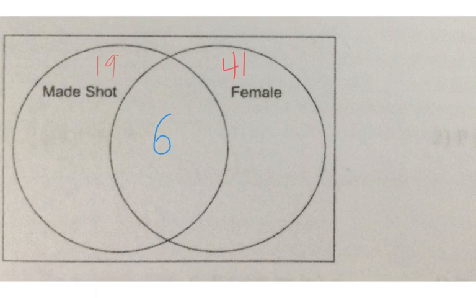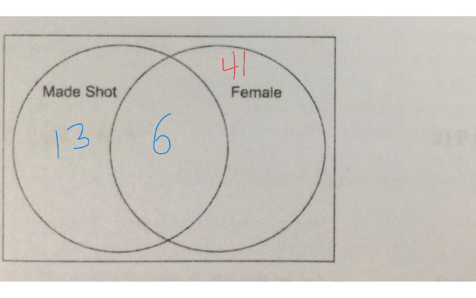Now remember, this whole circle has to total 19. If there are 6 females who made a shot, how many made shots are out here? That means they were not female. That would be 13. Again, you could just take the total, 19, and subtract these 6 to find the 13 made shots that were not female. And then I would erase my little note.